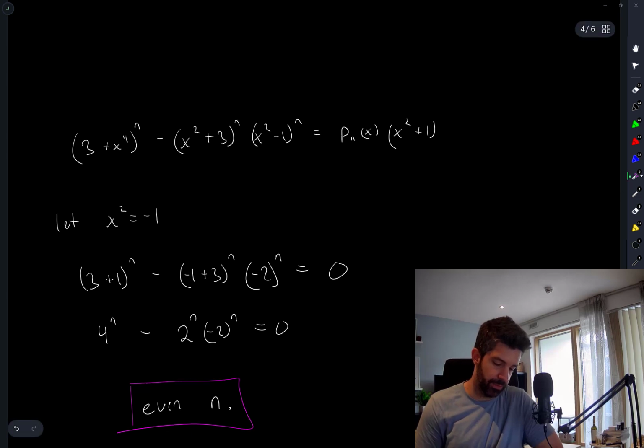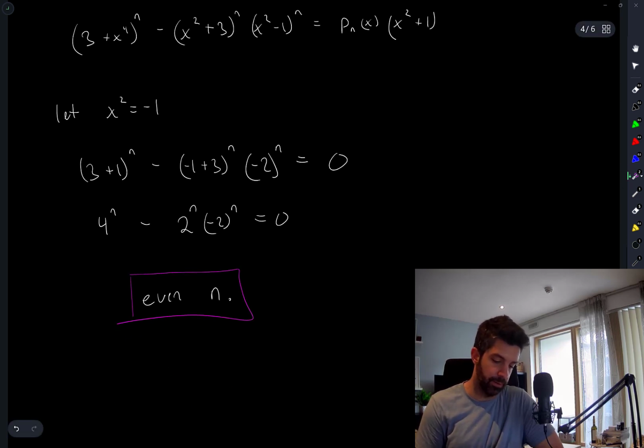So this eliminates odd values of n. Odd values of n cannot work. But does this guarantee that all even values of n do work? I'm not sure. Yeah, I don't know why this one's got me stumped.